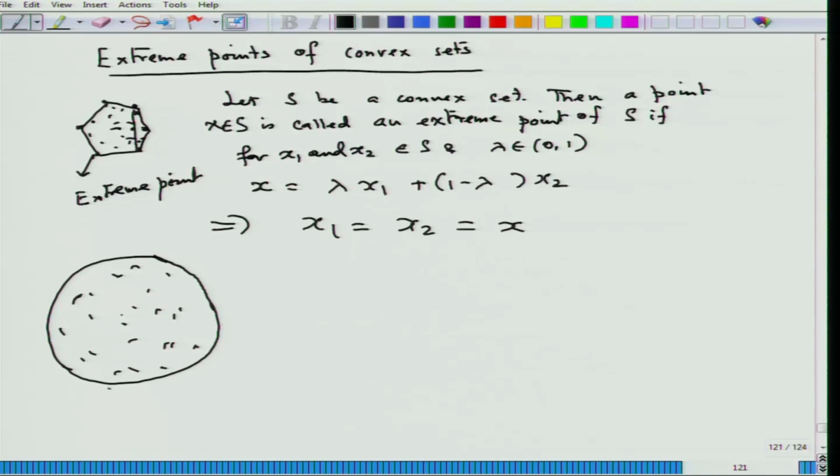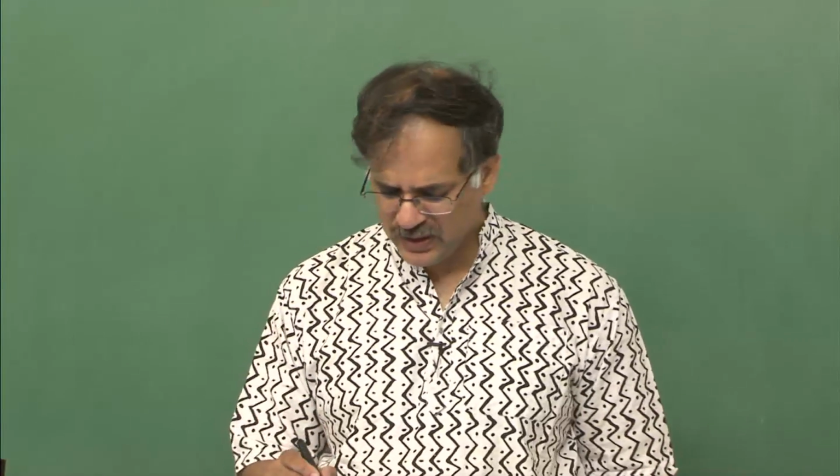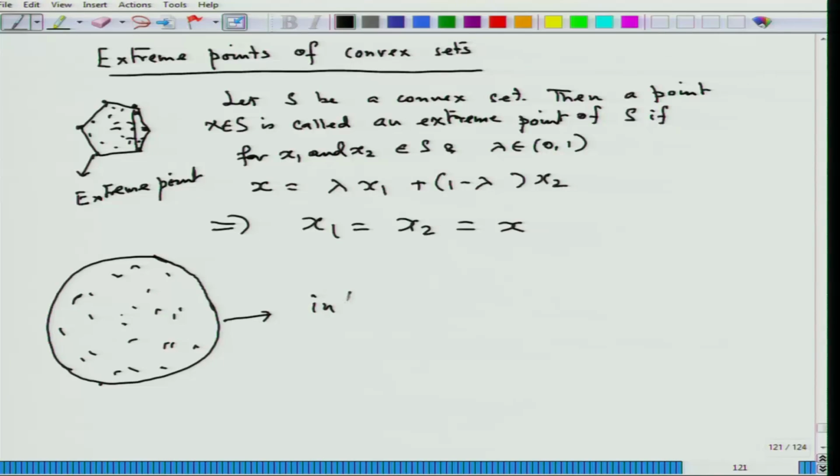Now, any point on this curve cannot be expressed as a proper linear combination of two distinct points x1 and x2 on this set with lambda belonging to (0,1), that is lambda is neither 0 nor 1. So, I am excluding those two points, it is in the interior of the line segment joining the 2 points, it is not possible. So, this is an example of infinite extreme points.